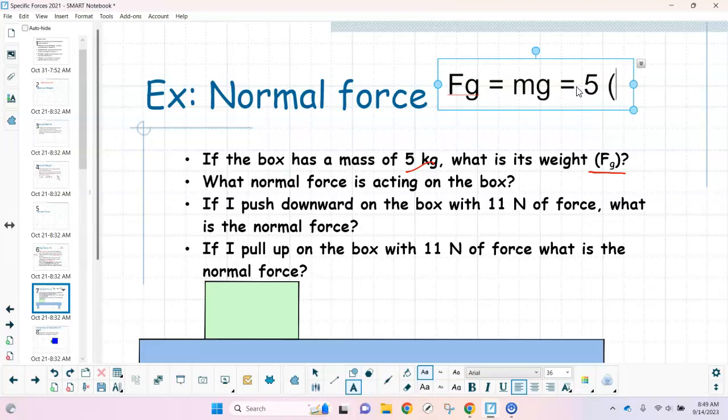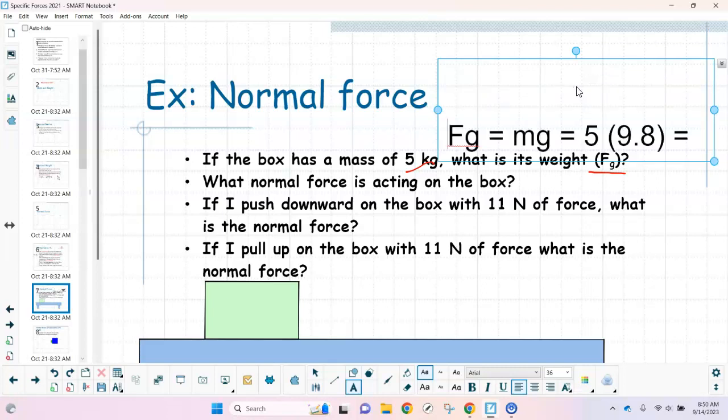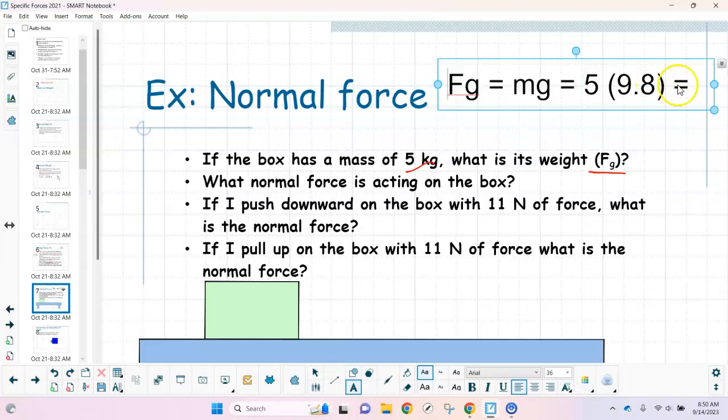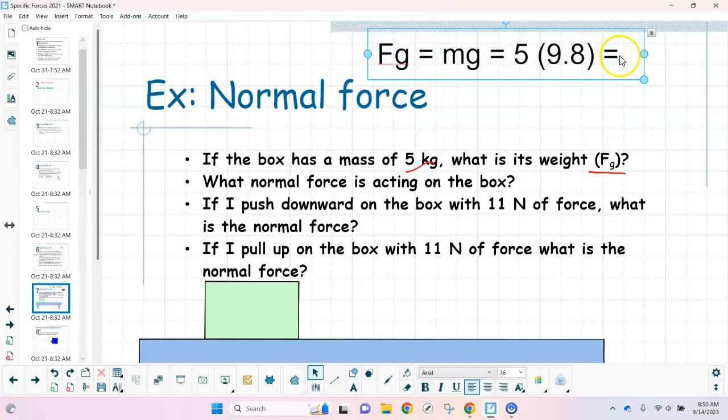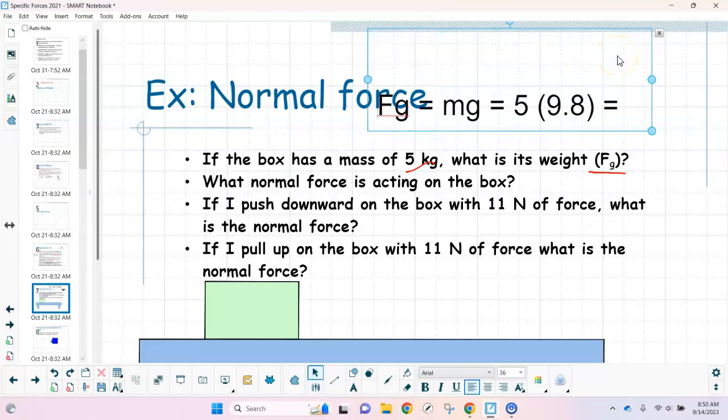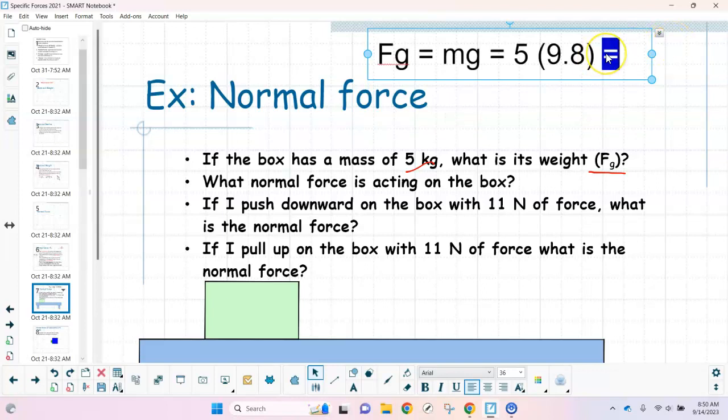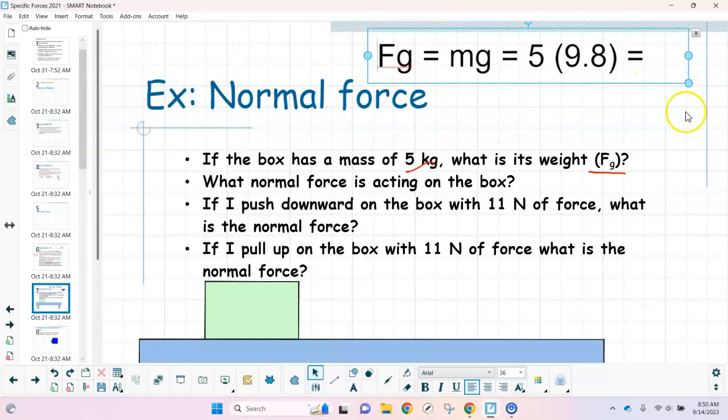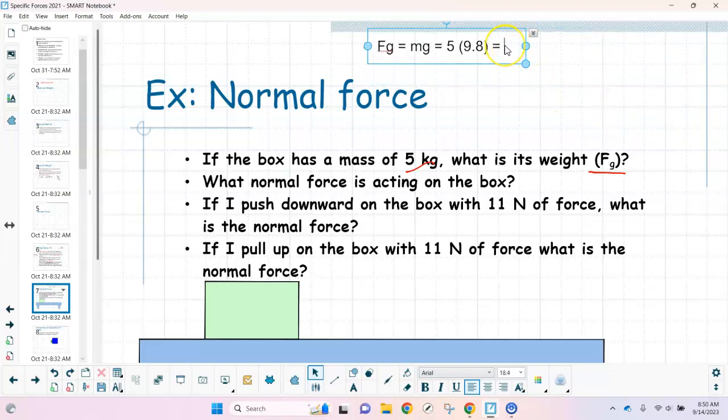Equals 5 times 9.8. That's going to get you 49 newtons. Sorry, this is being technically difficult. There we go. Equals 49 newtons. Sorry about that. That was really difficult to type.